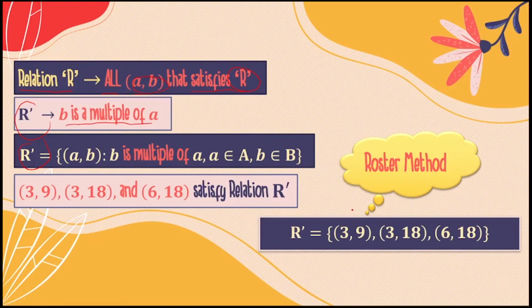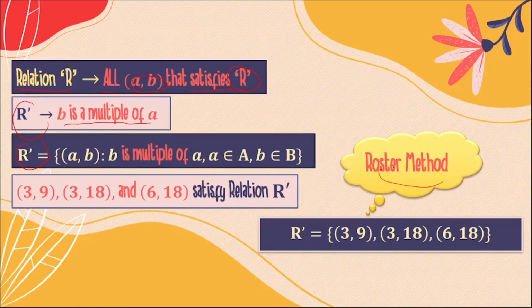So, we get the ordered pairs (3, 9), (3, 18), and (6, 18), such that every ordered pair satisfies the relation b is a multiple of a. This is the roster method to represent set R dash.